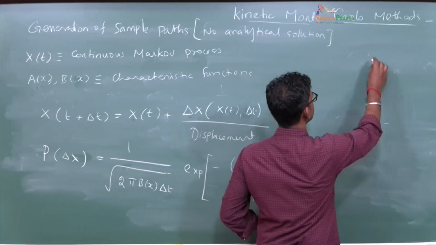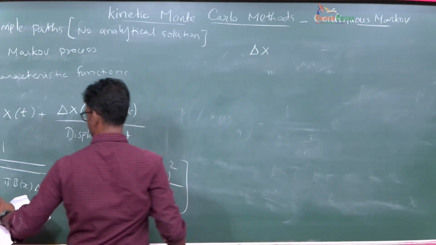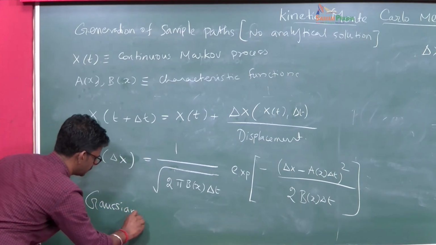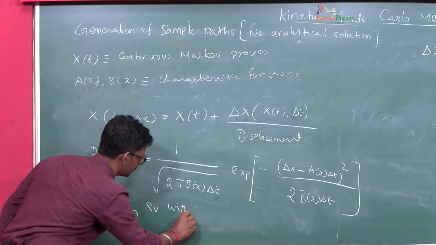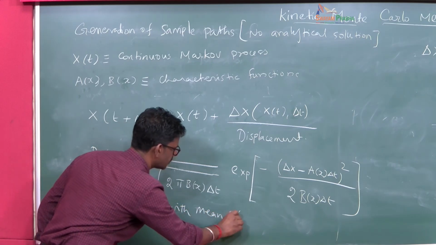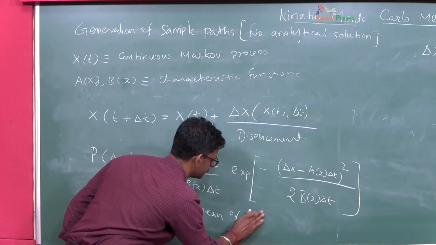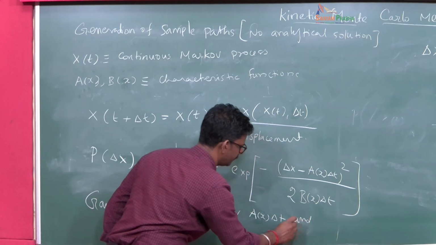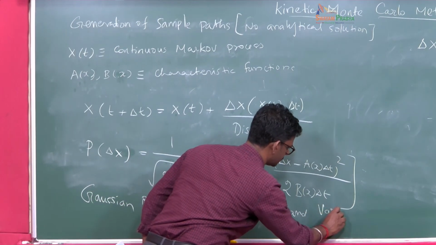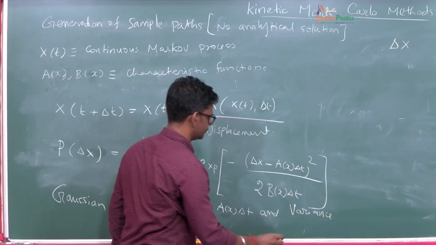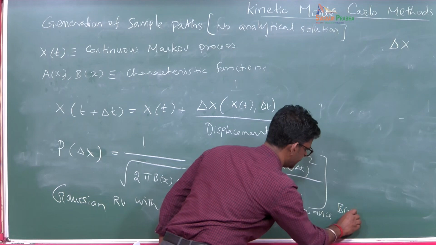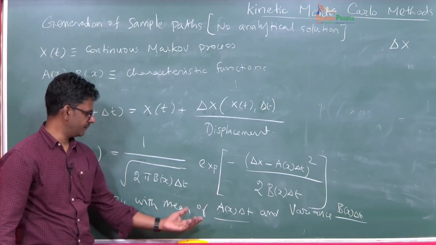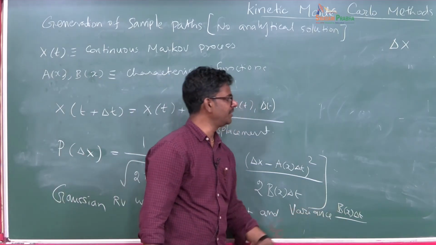Delta x is a Gaussian random variable with mean of a delta t and variance b of x delta t. Okay, so this is a Gaussian random number with mean a delta t and variance b delta t.